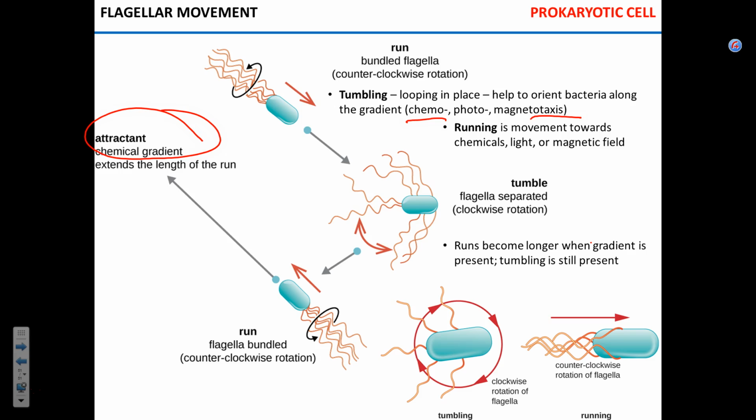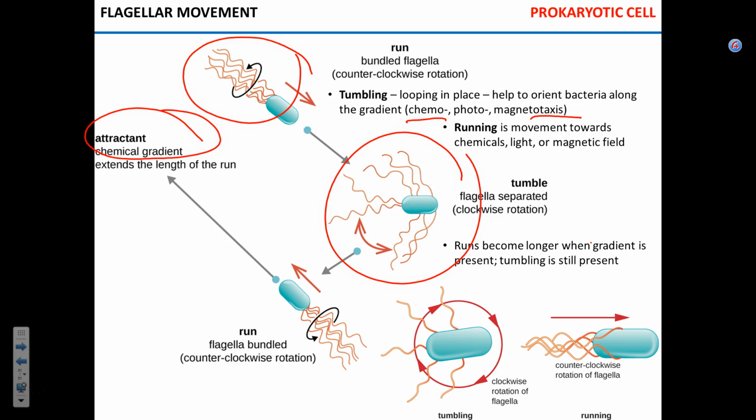So there are two steps in movement. One is called the run step, when flagella rotate counterclockwise and the microbe swims to wherever. And then tumble, when flagella start to rotate clockwise and the microbe apparently moves around in a chaotic way. It turns out during the tumble step, the microbe orients itself. Does that make sense?